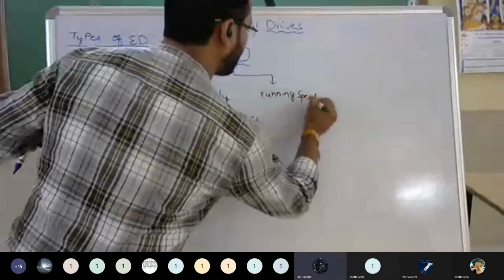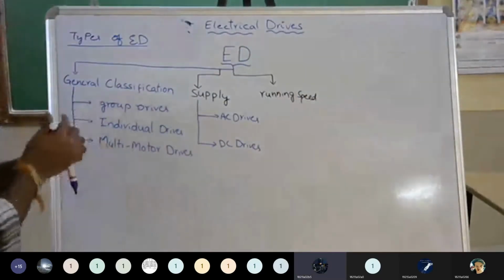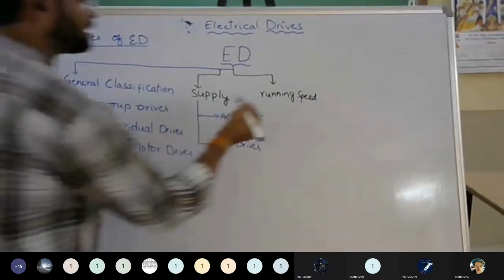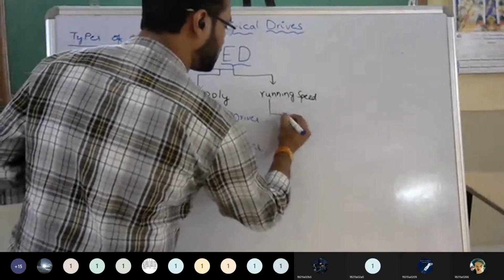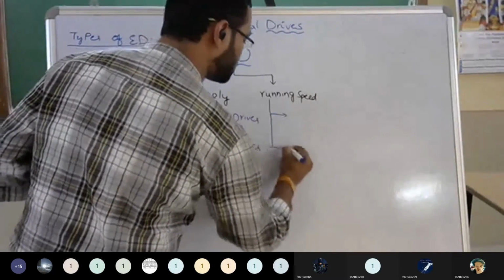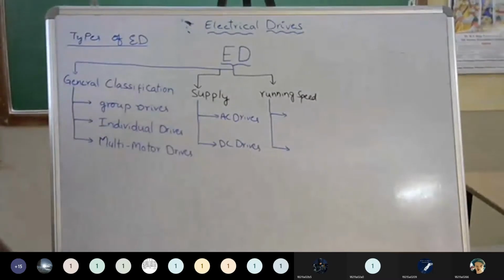Then, based on running speed. Generally we have motors, like synchronous motors and asynchronous motors, those are AC motors.